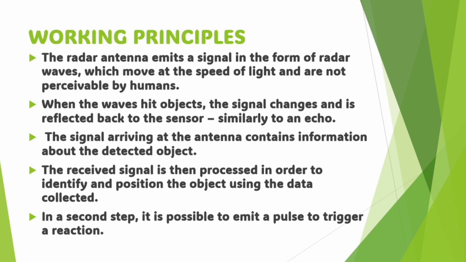In the second step, it is possible to emit a pulse to trigger a reaction. It mainly calculates its position, its velocity and information about that distant object. In this way we can collect the total information of the distant objects.